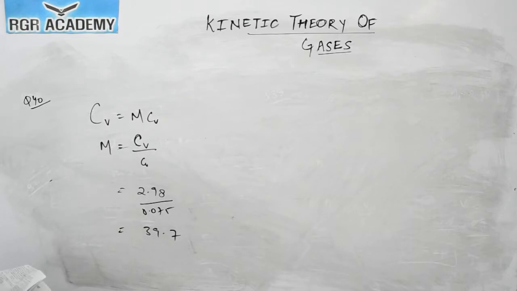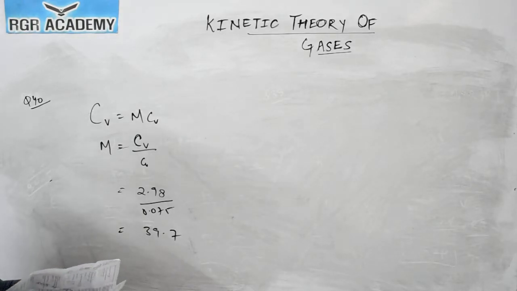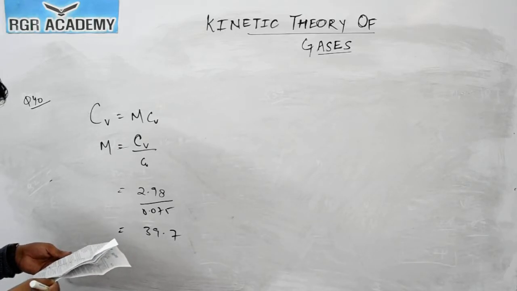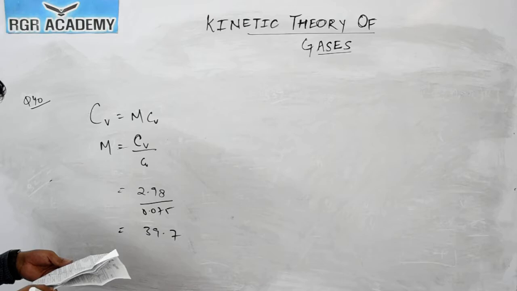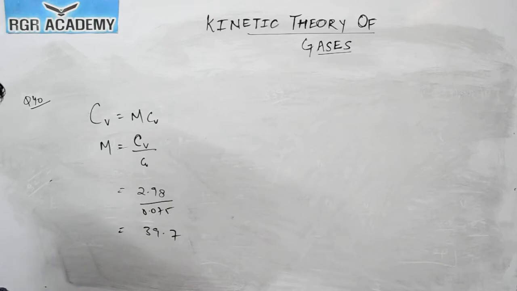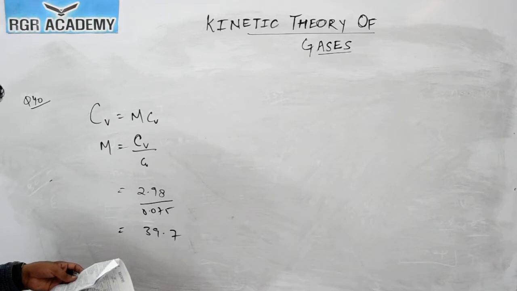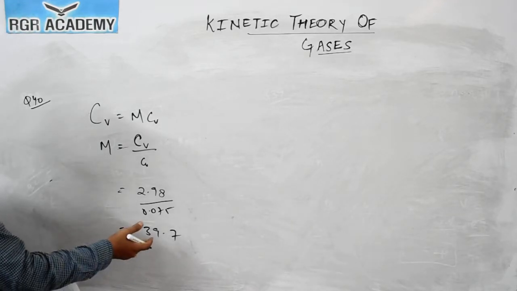So to calculate mass, the specific heat at constant volume for the monatomic argon gases, while its gram molecular specific heat is this. So mass they are asking for question number 40. The mass of the argon atom is, so actually yes, this is the molecular weight.